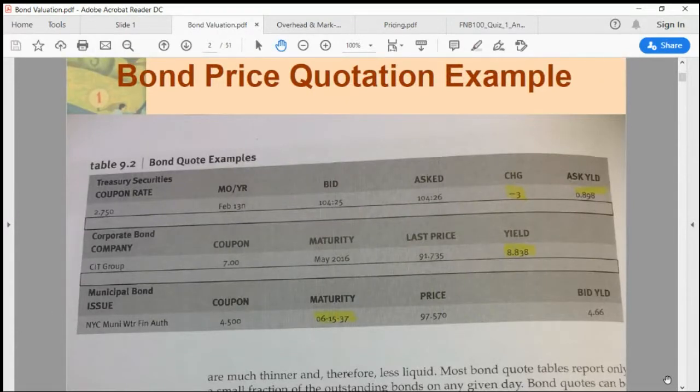And the corporate bonds with maturity under 1 year is called commercial paper. And I also told you commercial paper is another name for promissory notes.